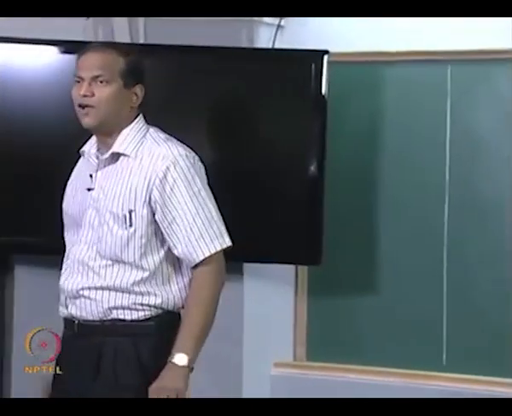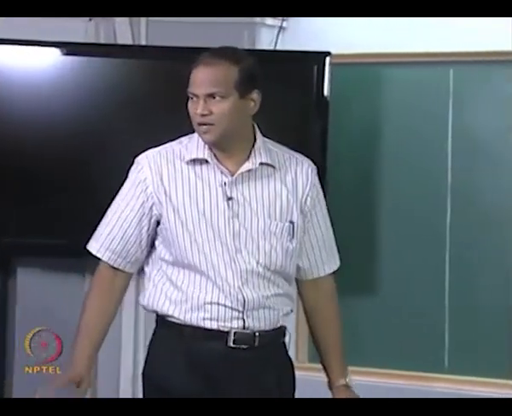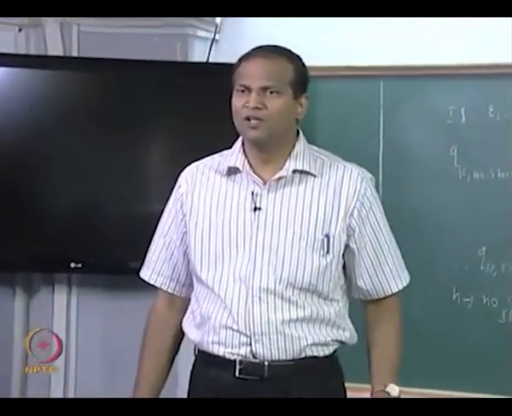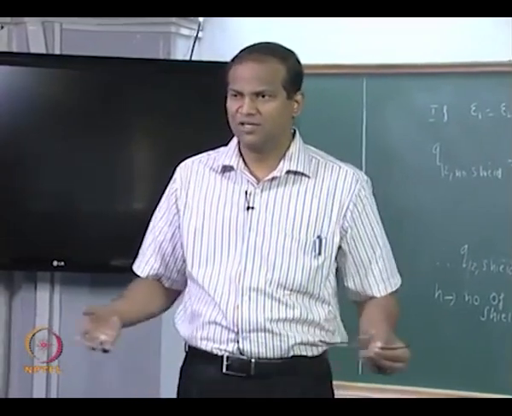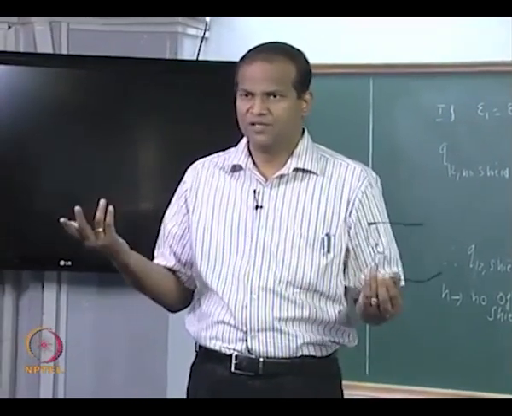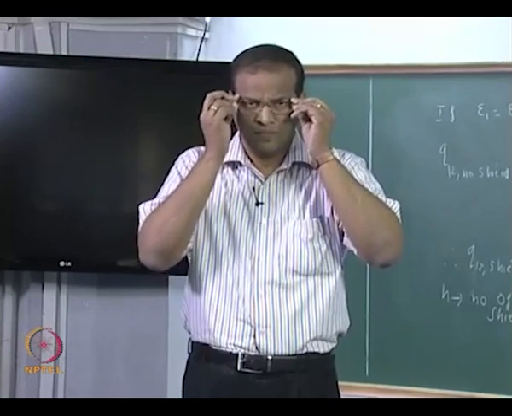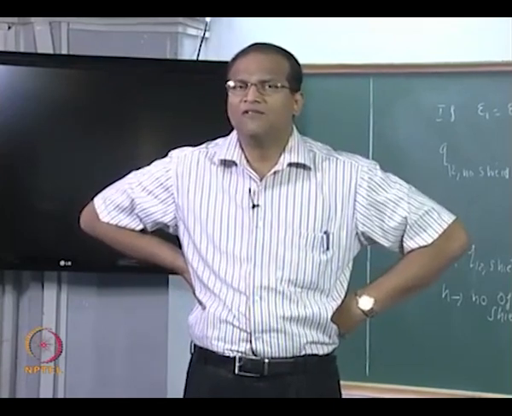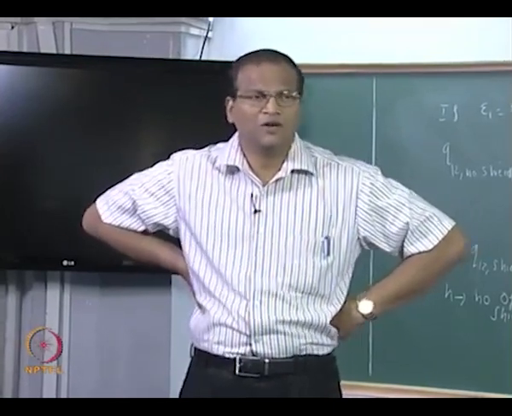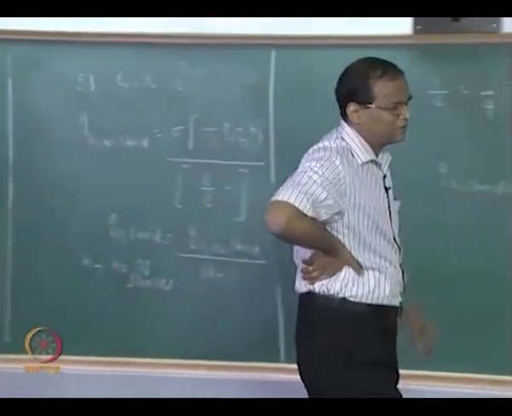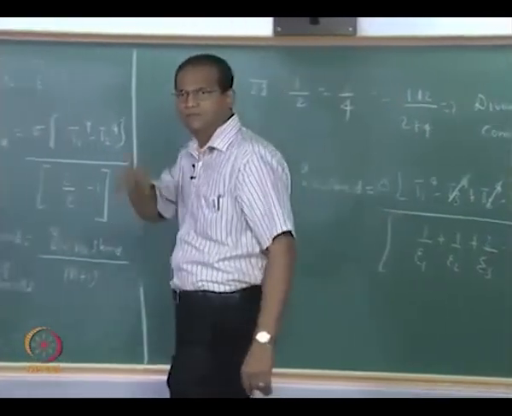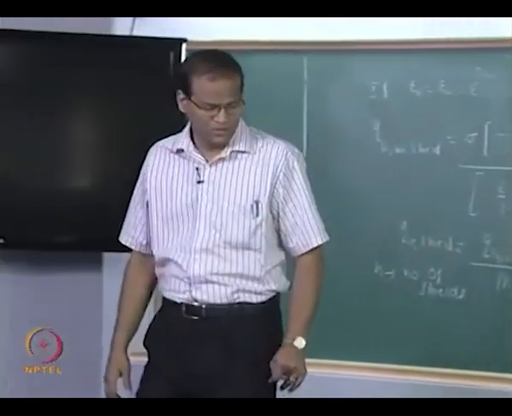So, just because you have vacuum, it does not mean that you have already insulated. If you have vacuum, you remove the convection, okay, and there is no conduction because there is no medium, but radiation will be there. If you have evacuated and you also have n shields, you get what is called a radiation super insulation, okay. This is the concept of a super insulation, okay.